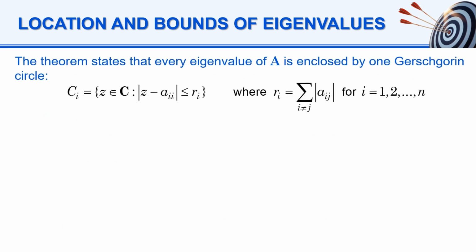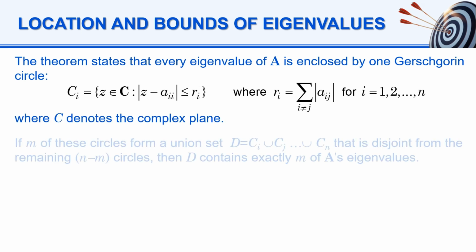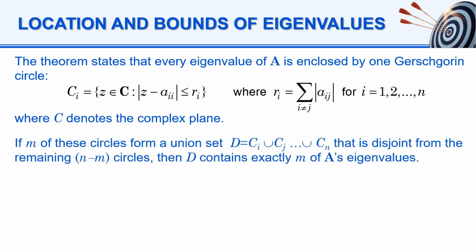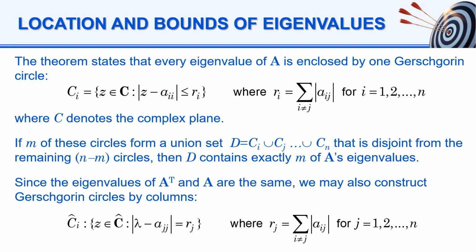The theorem states that every eigenvalue of A is enclosed by one Gerschgorin circle, where C denotes the complex plane. If m of these circles form a union set D that is disjoint from the remaining n minus m circles, then D contains exactly m of A's eigenvalues. Since the eigenvalues of transpose A and matrix A are the same, we may also construct Gerschgorin circles by columns.